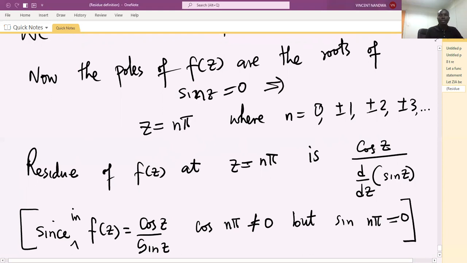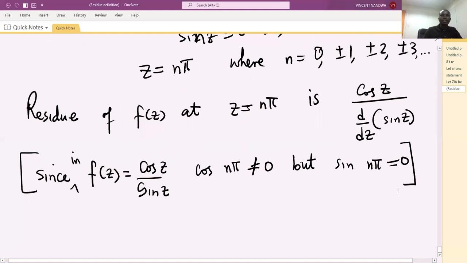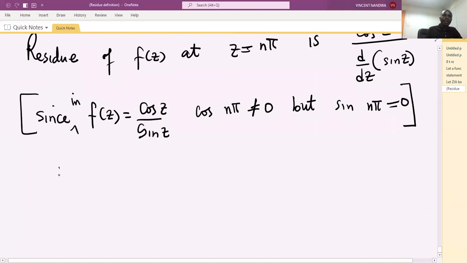That's why we are saying that to find out the residue, we simply fix the numerator and then differentiate the denominator.